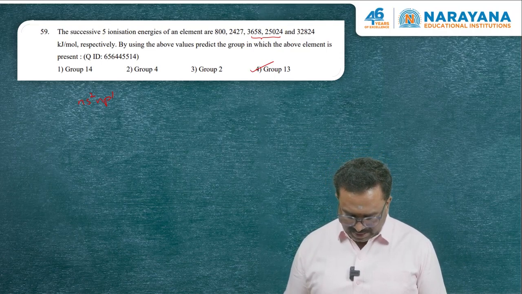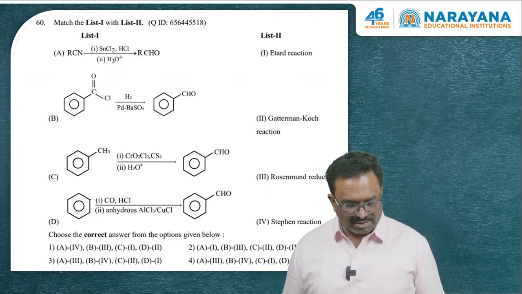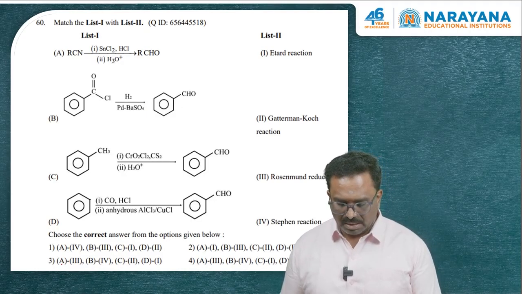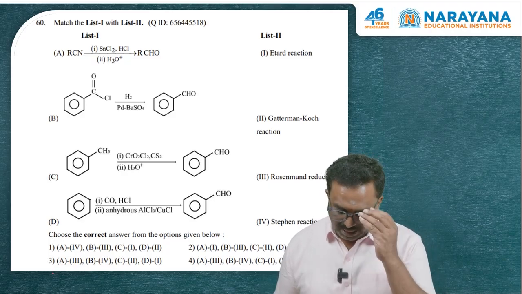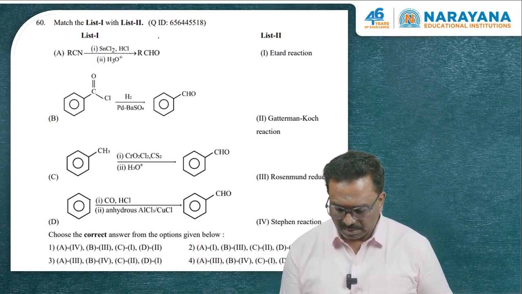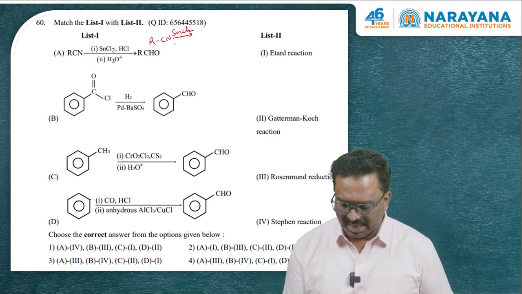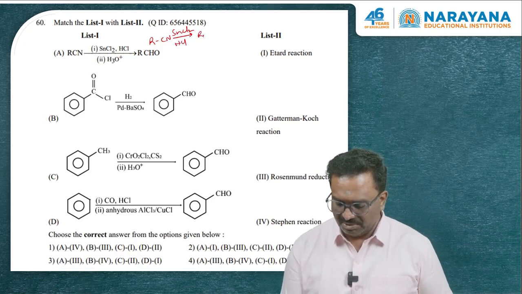Let me see the next one. Here what was given is RCN with SnCl2 and HCl. Cyanides, by reduction with stannous chloride and HCl, are first converted into imines.